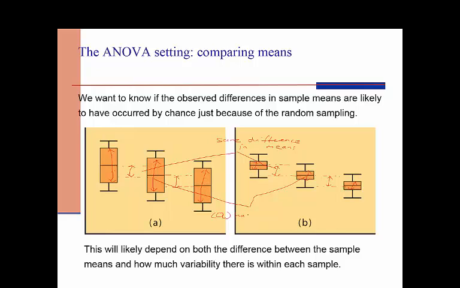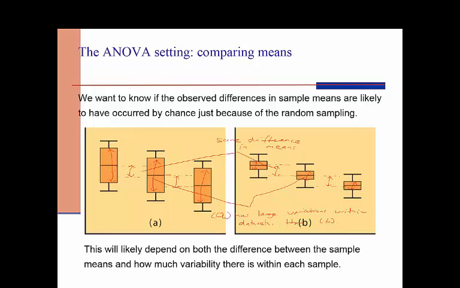A has larger variations within data sets than B.